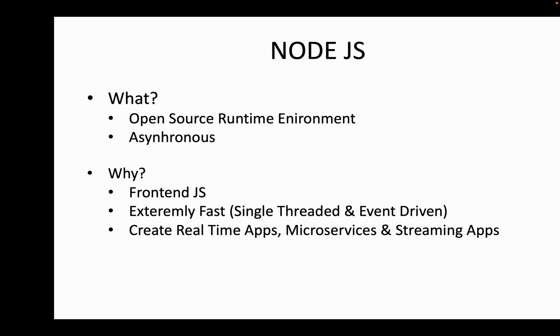I'll give you a real life example on top of it. If you go to a pizza shop and order a pizza, the cashier will take your order and pass it to the kitchen. He will not wait for the kitchen to make it ready and bring it back to you. He will take another order. Node does the same when you give a request to Node. Node will take your request with a callback and put it in the event loop.